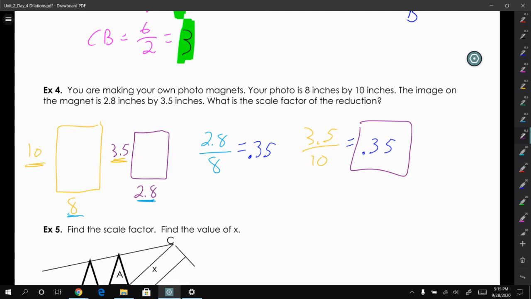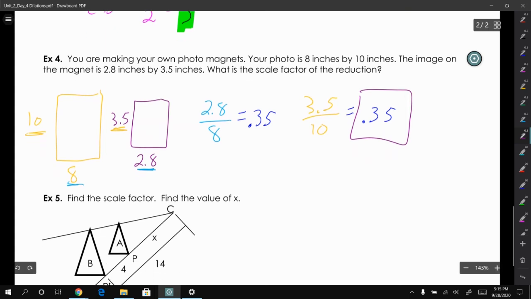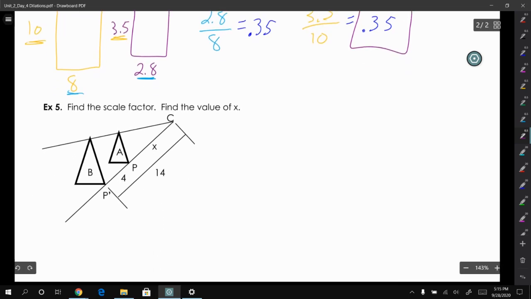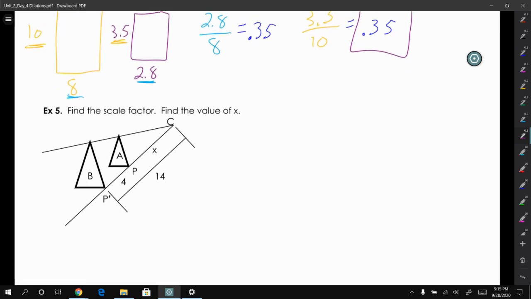The final example we'll do is this one here. We're trying to find the scale factor. And the first thing we're going to do is figure out what x is. So if the whole thing is 14, and this part is 4, that means the part that's x must be 14 minus 4, which is 10.